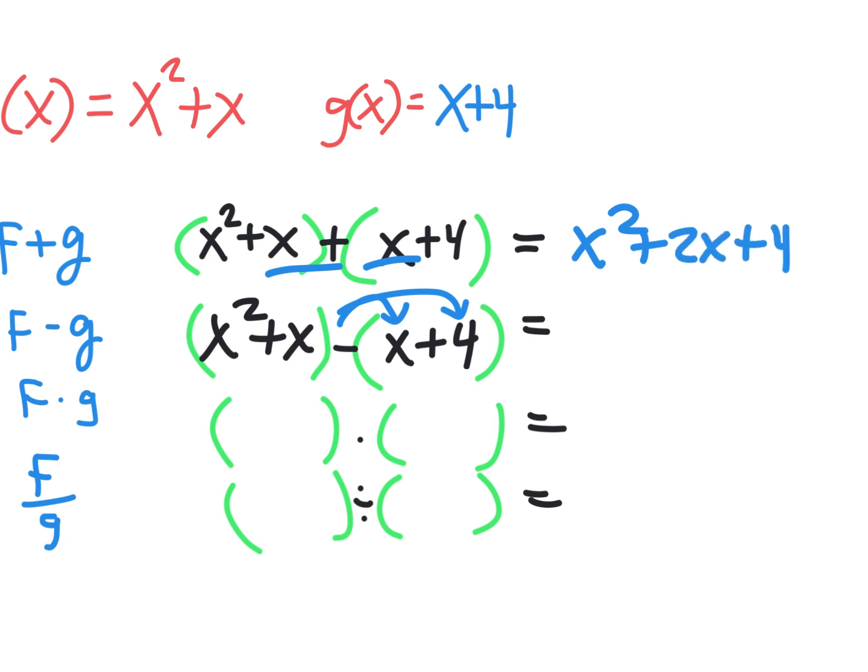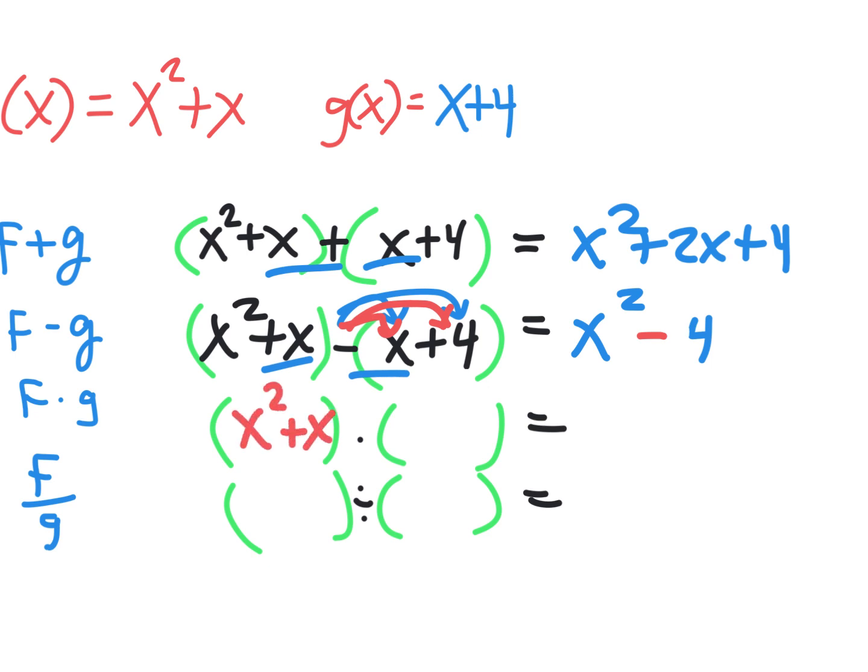The next one, you had to distribute the negatives, and then your plus x and your minus x will cancel each other. The really common wrong answer is x squared plus 4. It's because that negative had to be distributed to both, so it was minus 4. Math rewards careful people.